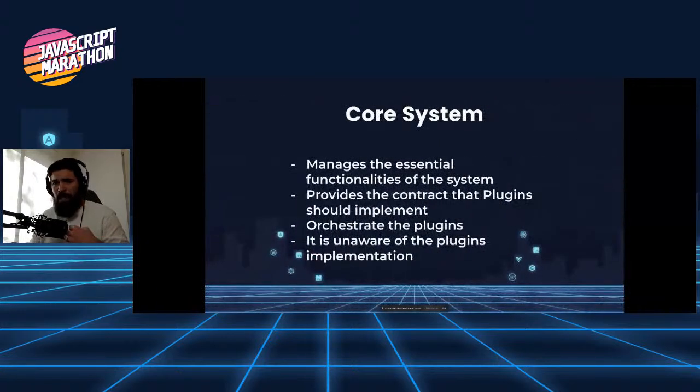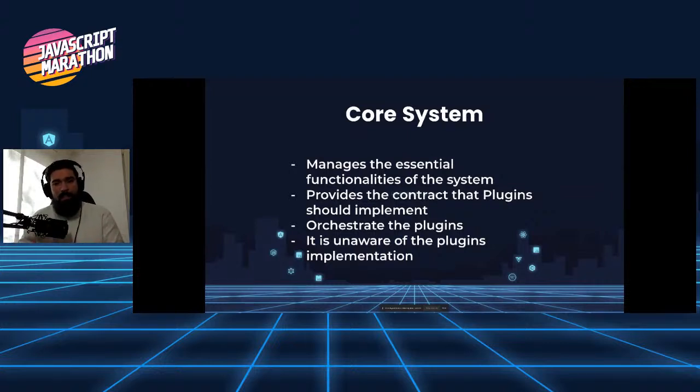The core system, as mentioned, is in charge of solving the essential functionality of the system, the things that you cannot decouple any further, that need to be focused in the center of your app or library or whatever you are building.